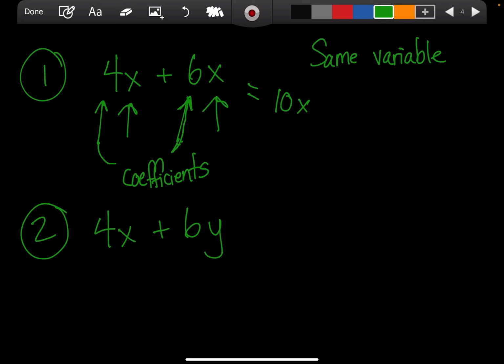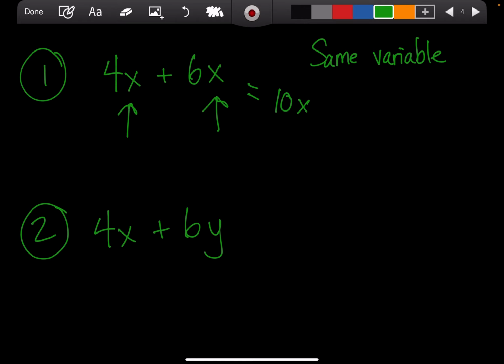With like terms, your coefficients can be different, just like 4 and 6 are different. As long as the variable they are attached to is the same, in this case x, then they are still like terms, and you can combine them like we did. So that's important. Even the coefficients don't have to be the same for there to be like terms.